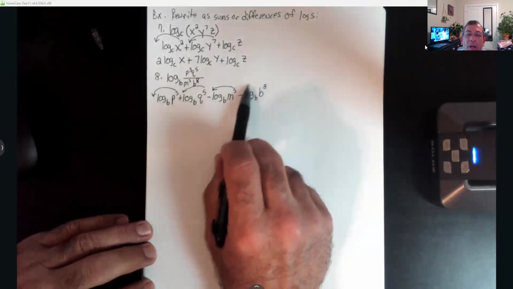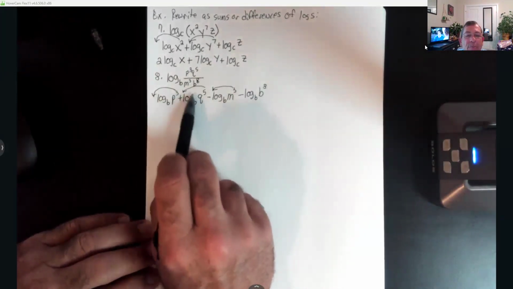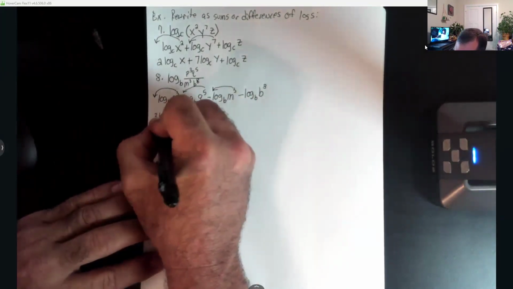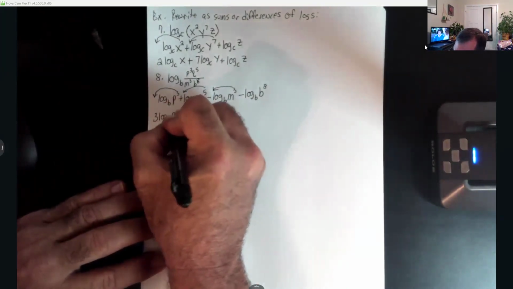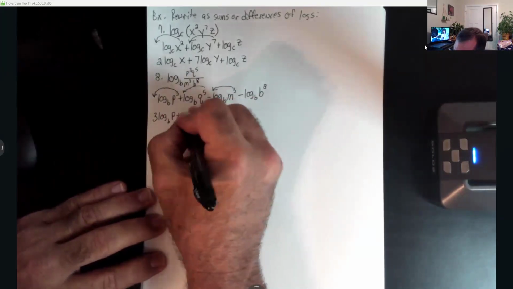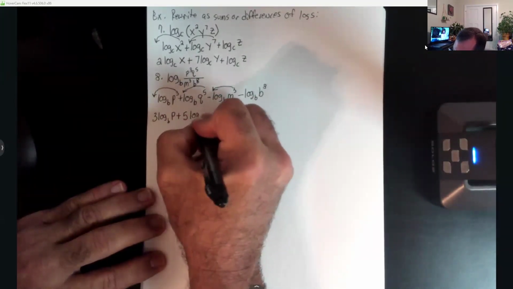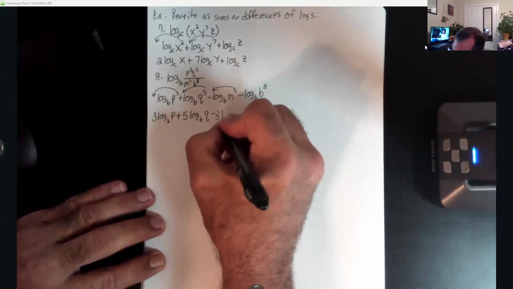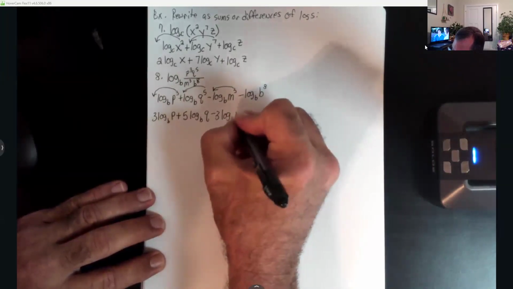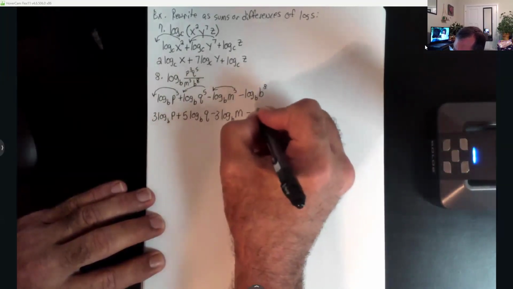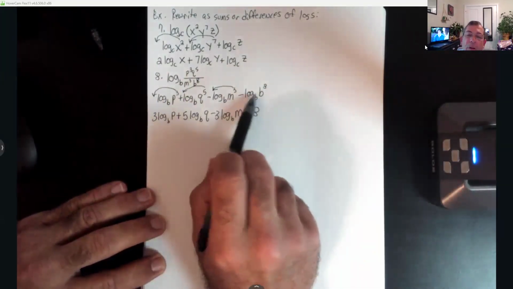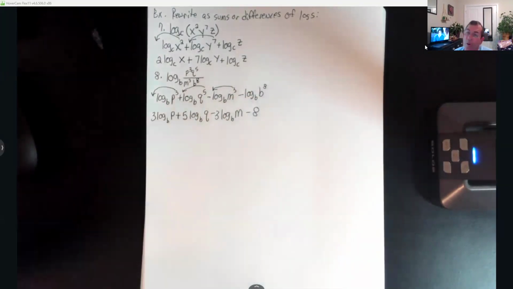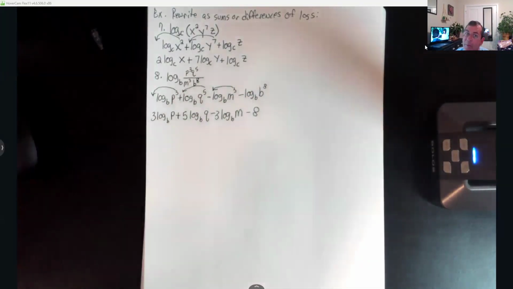So this whole thing don't equal nothing but an 8. So let's rewrite the exponents on the first three and then make that an 8. So we're going to get a 3 log b of p plus 5 log b of q minus 3 log b m minus 8. So y'all, you got to get used to this, because if you put 8 log b of b, although it's the right answer, it ain't simplified enough, okay?